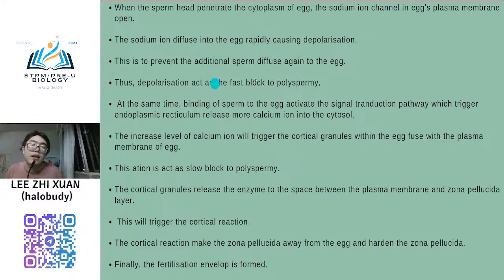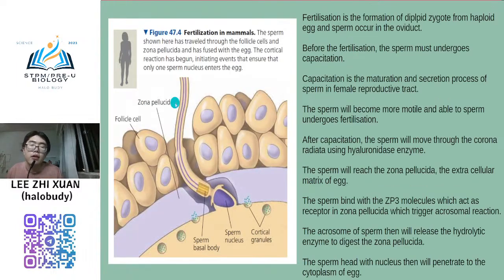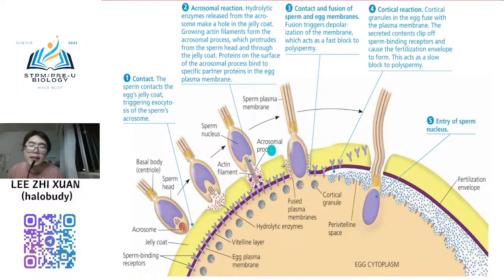So this is one of the mechanisms in humans to prevent a second sperm from penetrating into the ovum. You will still remember that in the rules of fertilization, only one sperm can penetrate into one secondary oocyte.